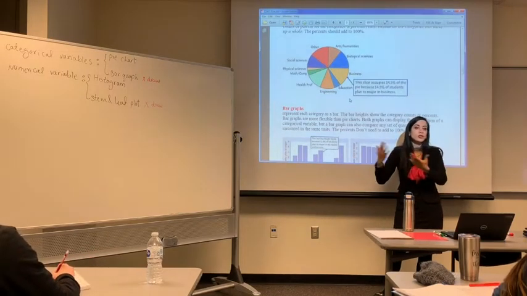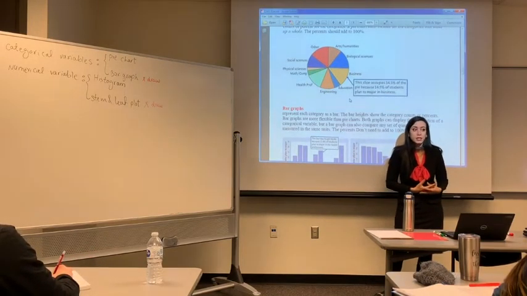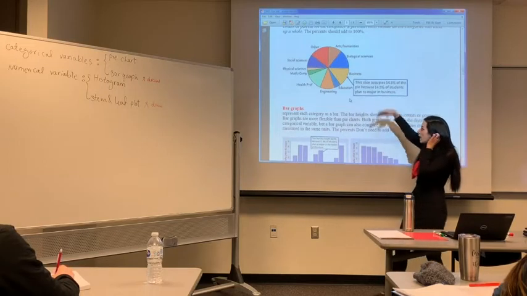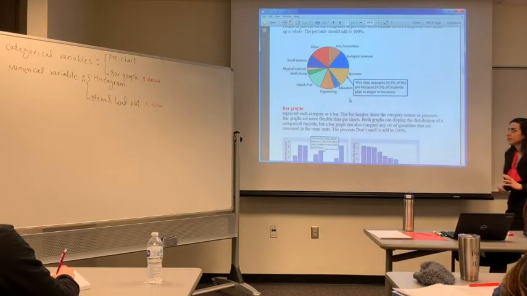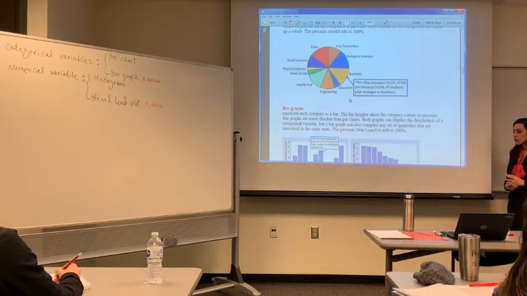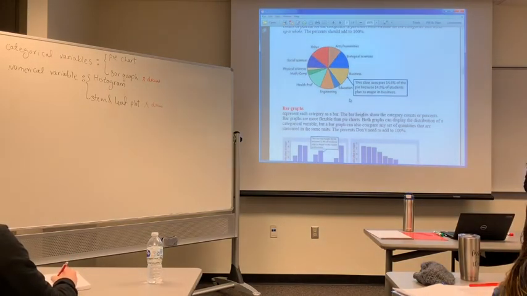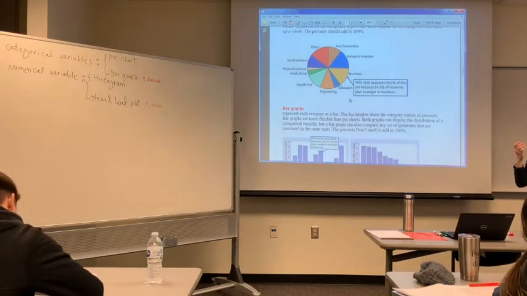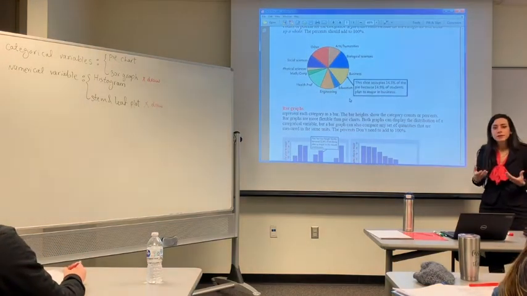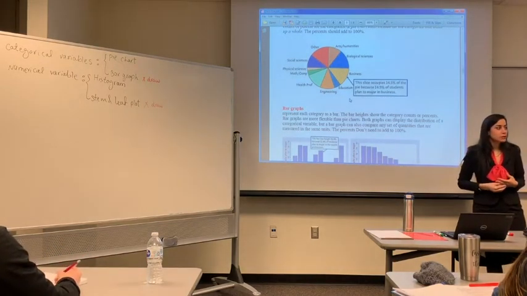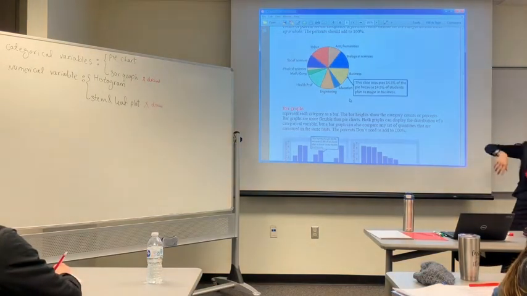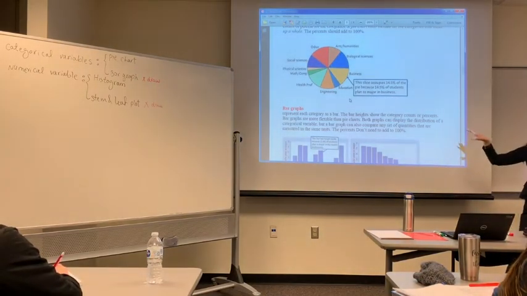More students or fewer students, correct? So now if I ask you, which field of study has the lowest number of students? You can easily look at this graph and say, okay, the smallest slice is physical science. So physical science has the lowest percent of students, correct? Without even going back, you can compare each category.